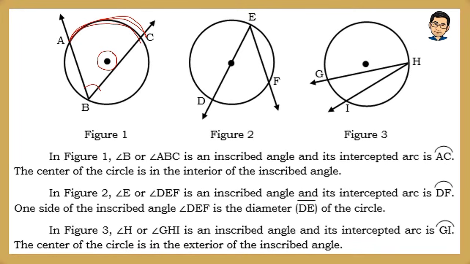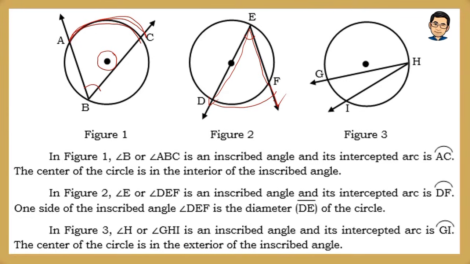And then, figure 2, angle E, or angle DEF, is an inscribed angle and its intercepted arc is arc DF, the one at the bottom.